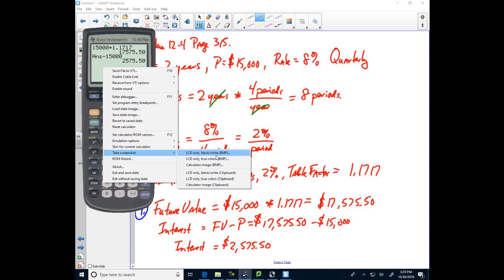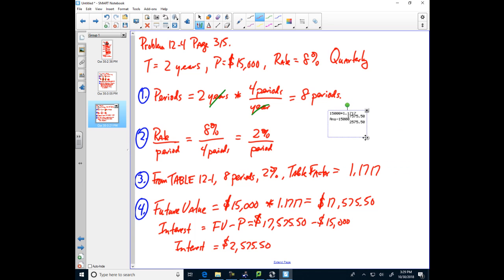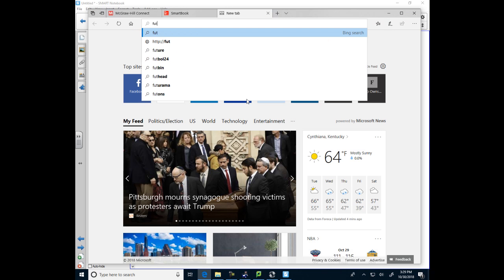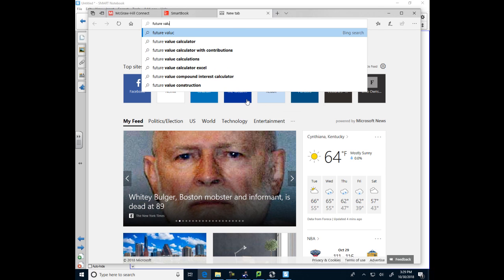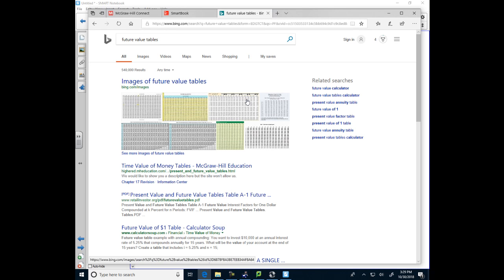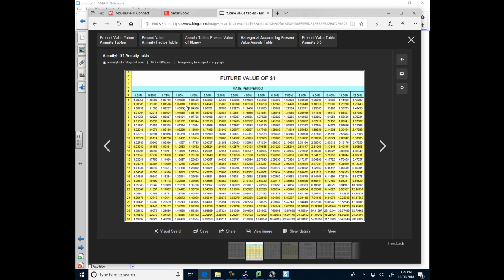Let me copy this and I'll look something up. Do y'all find these little screenshots helpful? Okay. Let's look on the internet. There are future value tables out there on the internet.